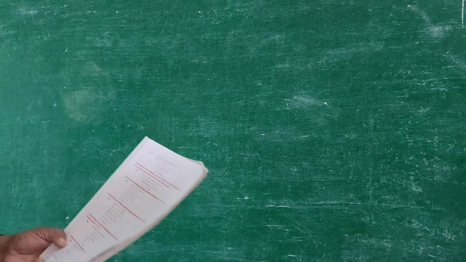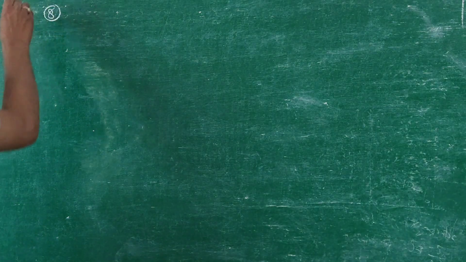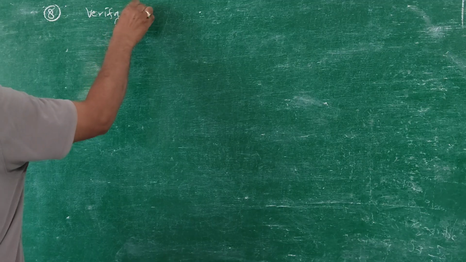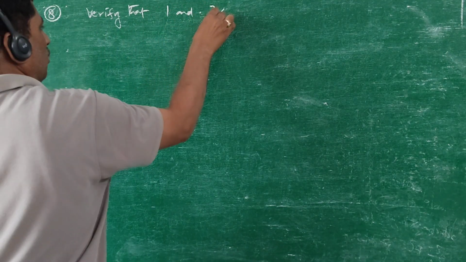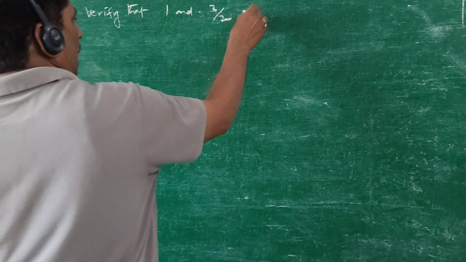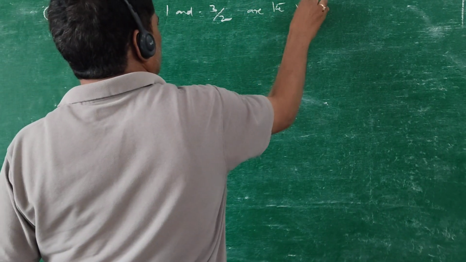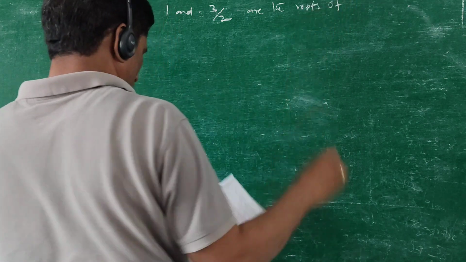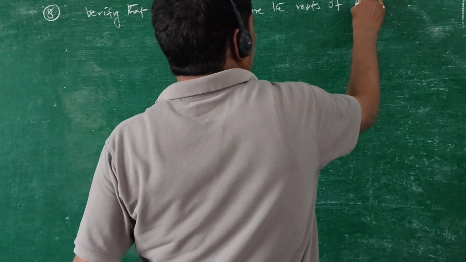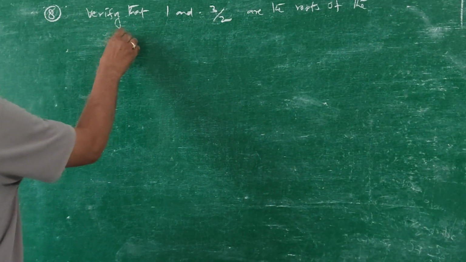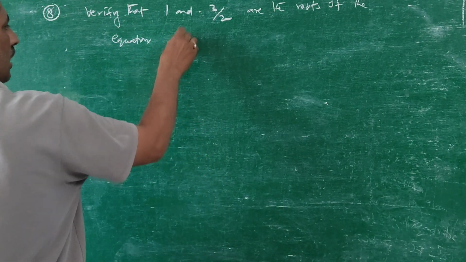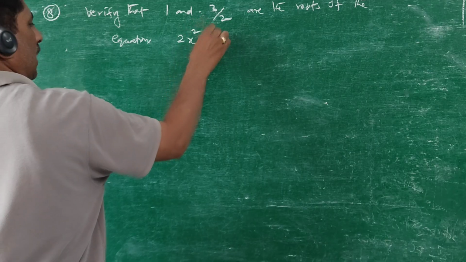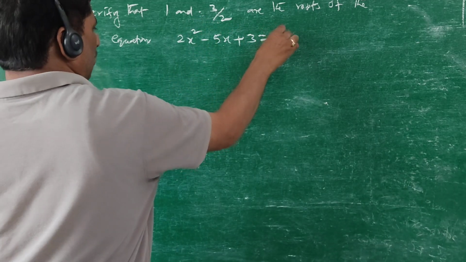Okay. The last question, the 8th question: verify that 1 and 3 by 2 are the roots of the equation 2x square minus 5x plus 3 equals 0.